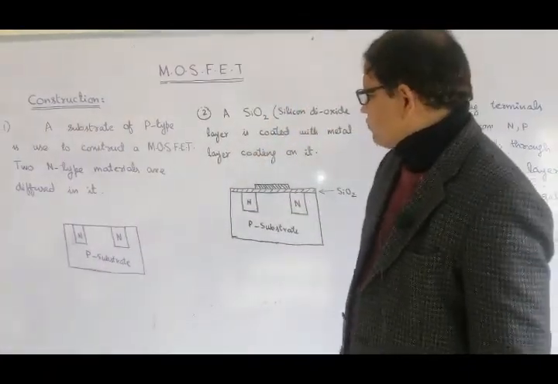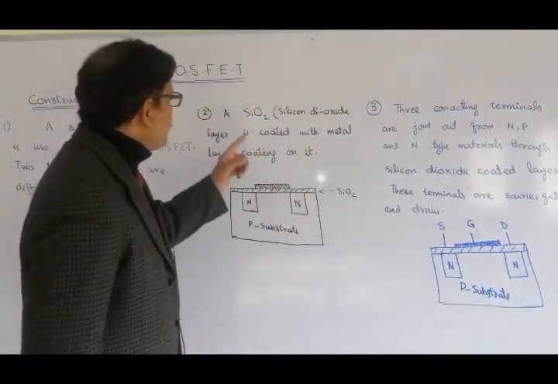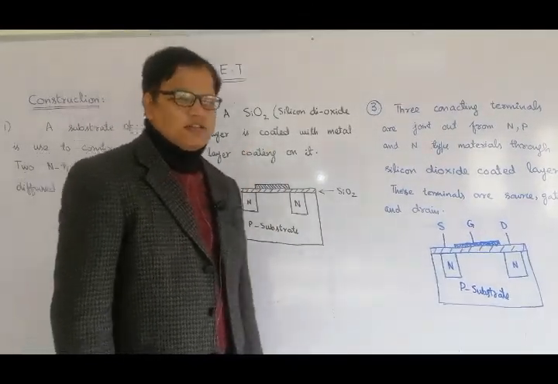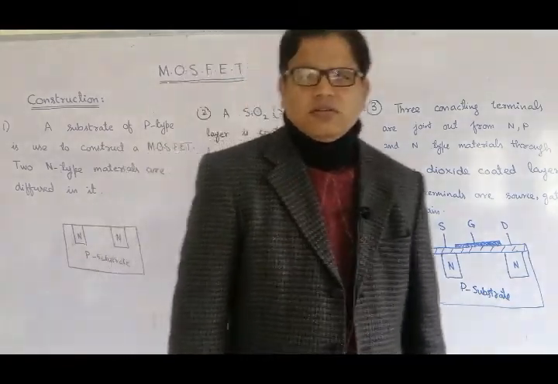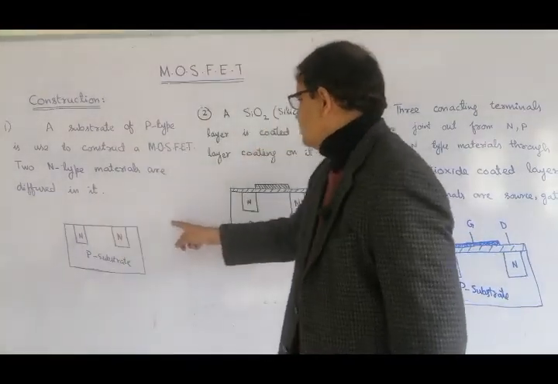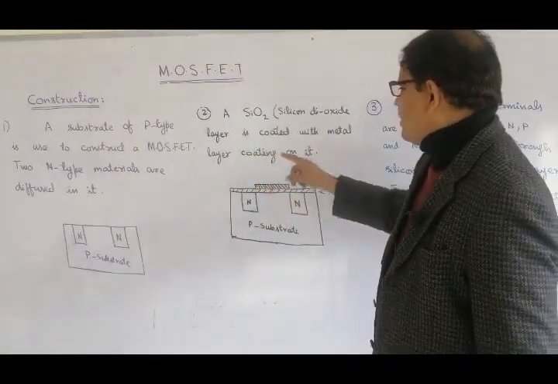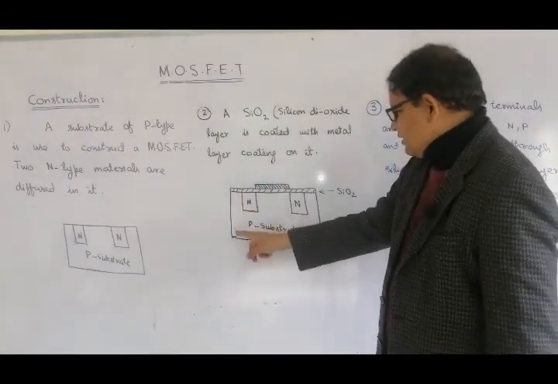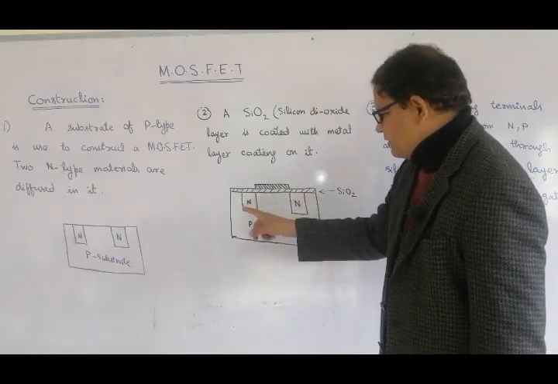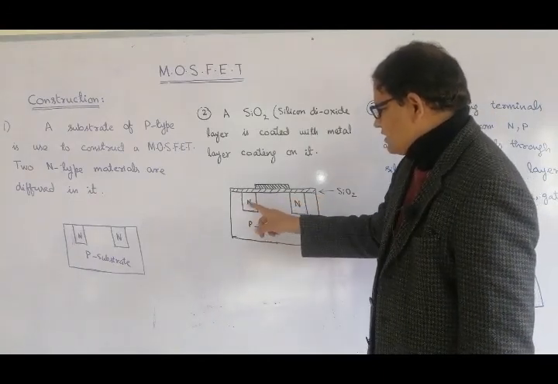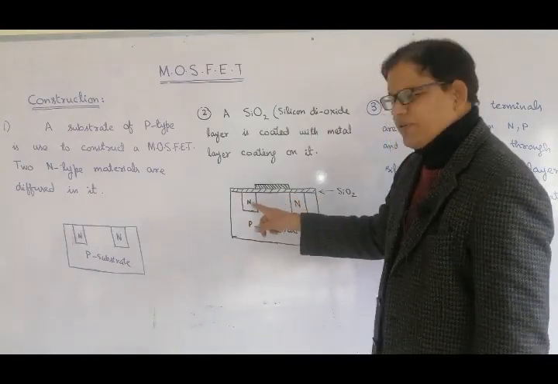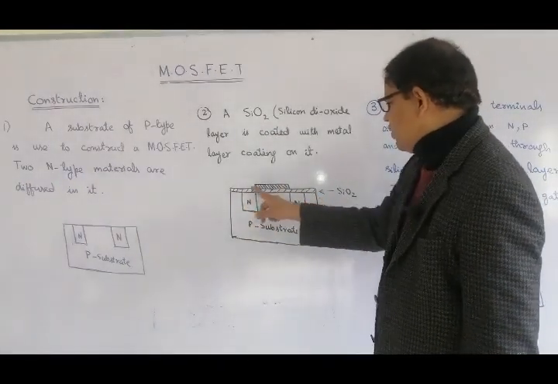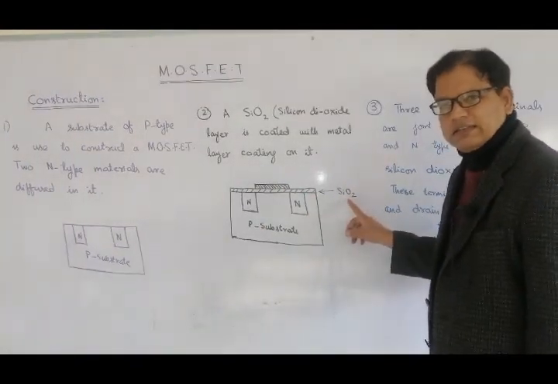Now, a silicon dioxide layer is coated on this layer, with a metal layer coated on it. What happened over here? The same P-type substrate material, which has two N-type diffused materials on it, has a layer of silicon dioxide.